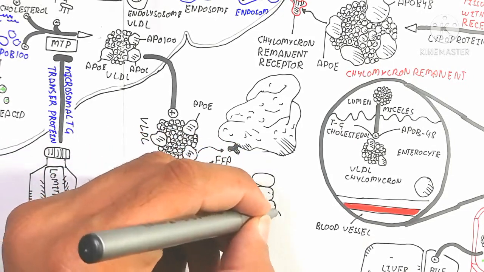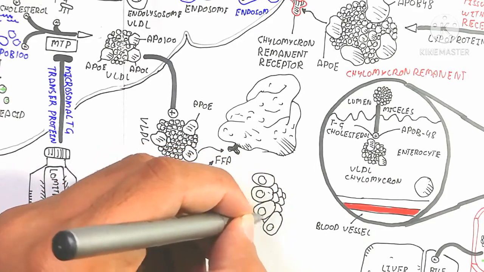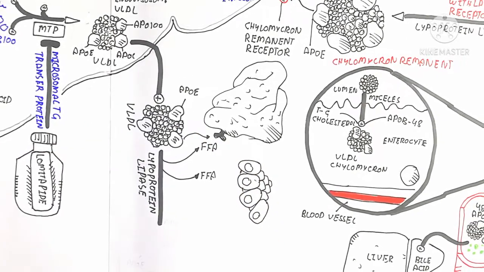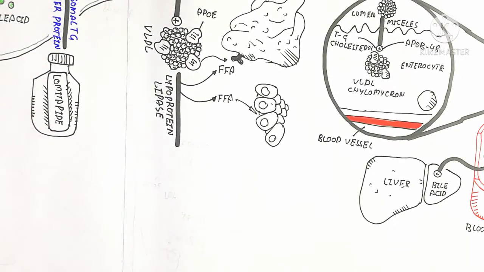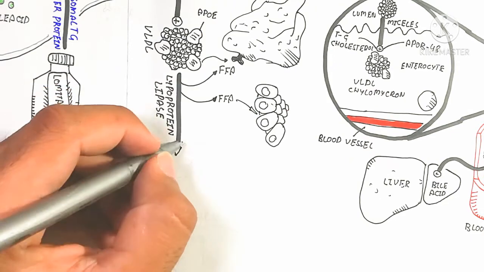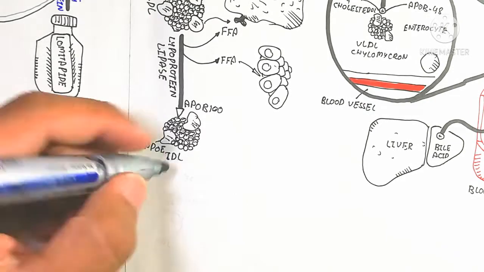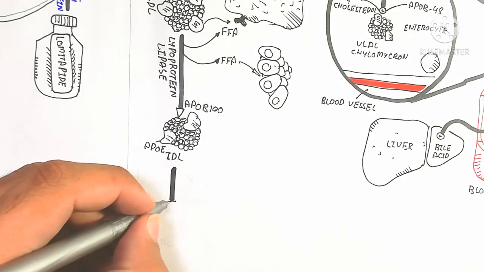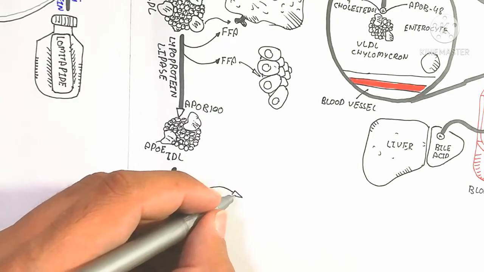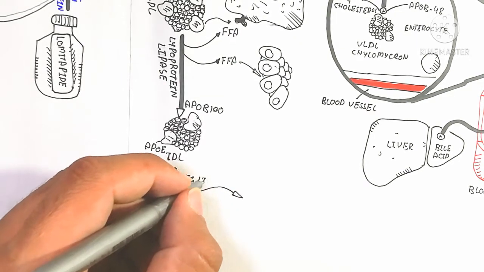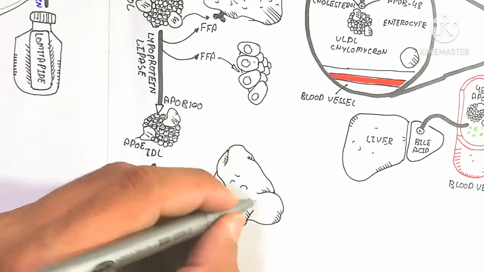Here I am drawing the ApoE site, which binds with the LDL receptor of the adipose tissue to give triglyceride. Fatty acid is also converted to triglyceride in the adipose tissue, because the wall of the blood vessel contains the lipoprotein lipase enzyme.